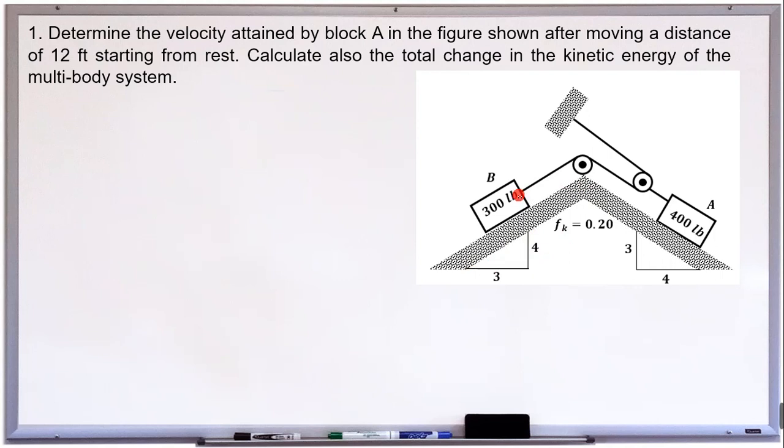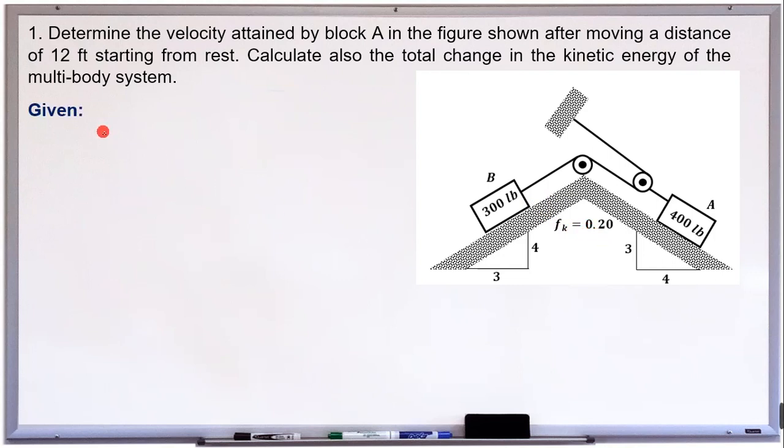And then this block B is connected via a compound pulley towards our block A, whose weight is equal to 400 pounds. And the inclination of this surface where our block A rests has a run of 4 units and a rise of 3 units. And the coefficient of kinetic friction that exists between the blocks and the inclined surface is equal to 0.2.